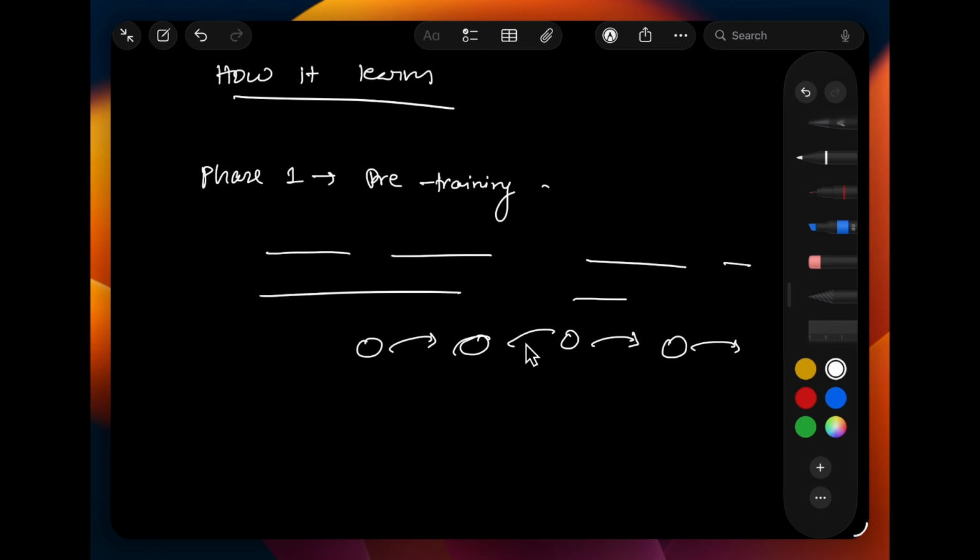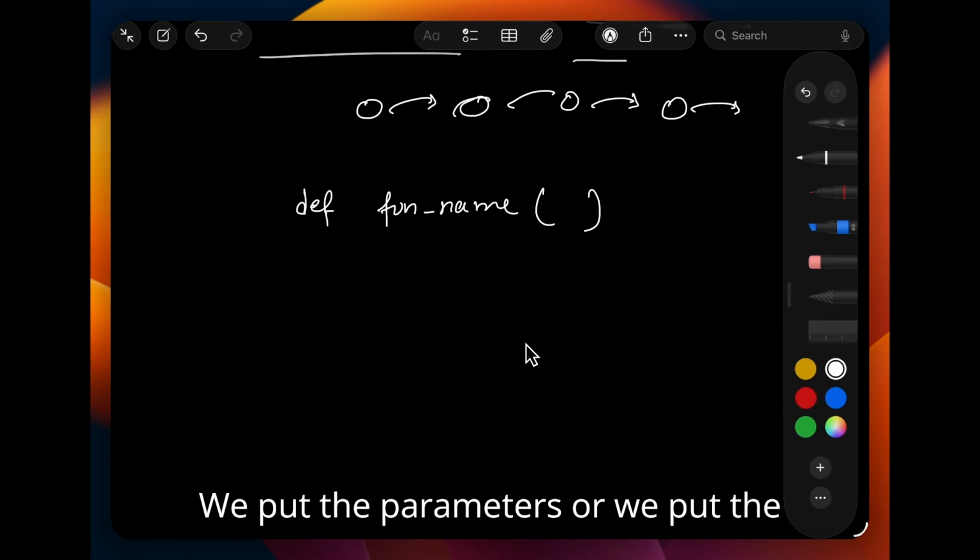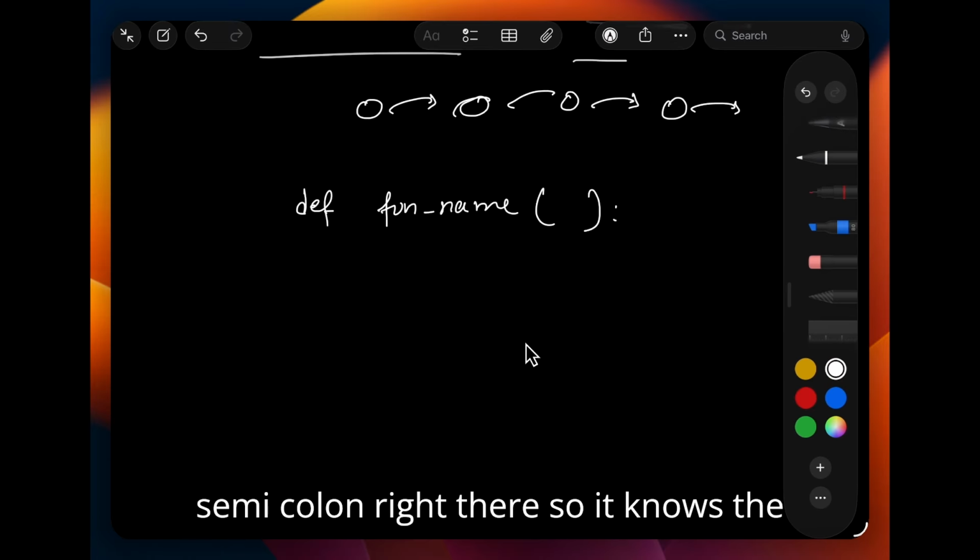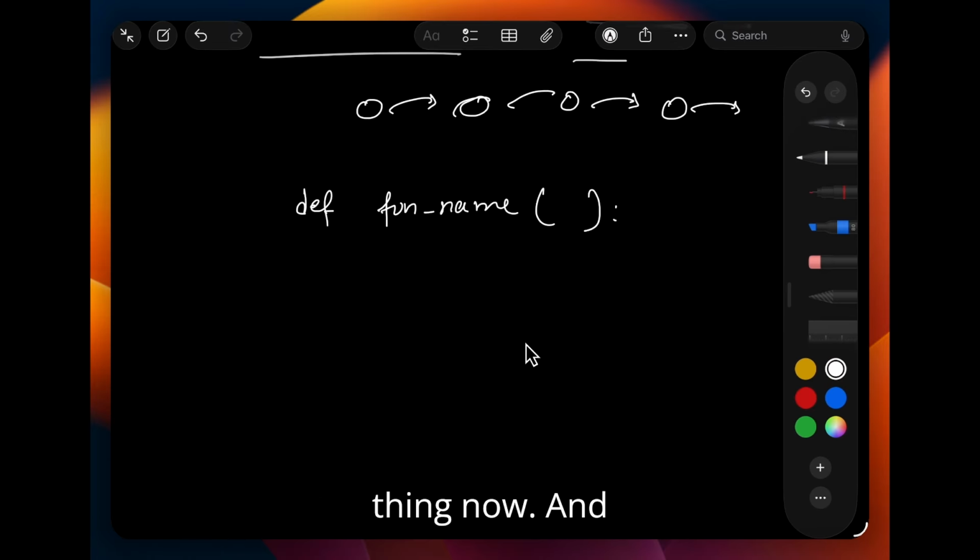Let me give you a real world example. Suppose you have fed an LLM Python code millions of times. It genuinely learns that after defining a function name, we put the parameters or a colon right there. So it knows the pattern now.